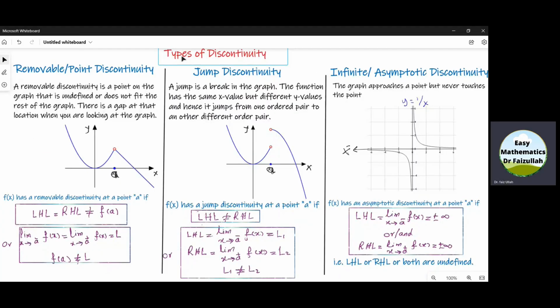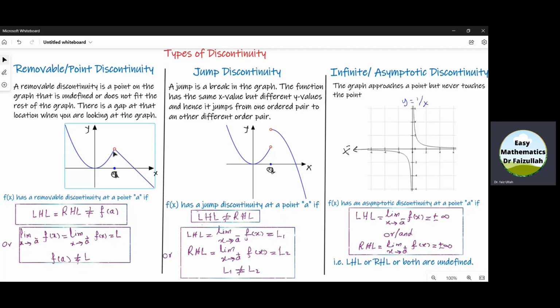There are three types of discontinuity: removable, jump, and infinite discontinuity. If we look at the graph of a removable discontinuous function, at some point there will be a gap, a hole in the graph of that function, due to which the function will be discontinuous and is called a removable discontinuous function.